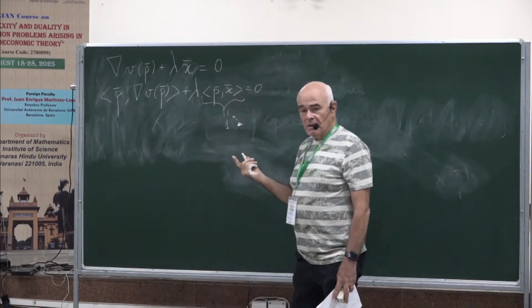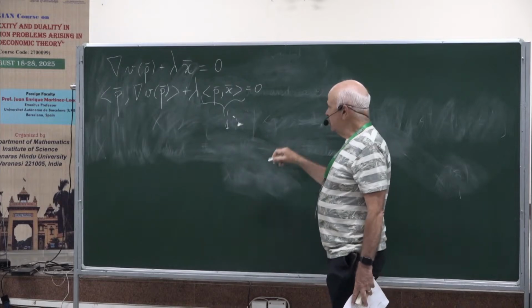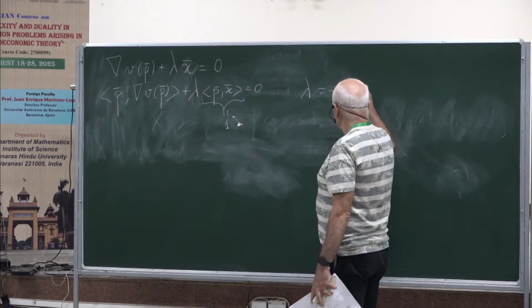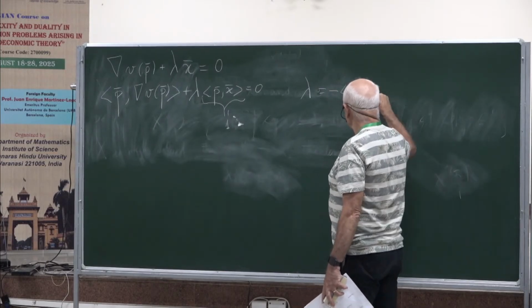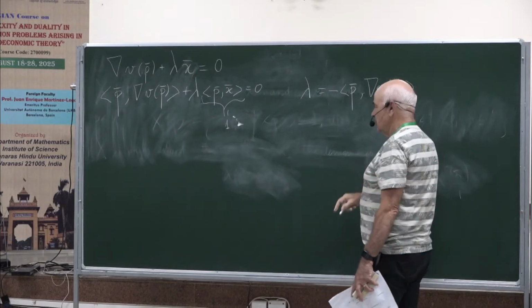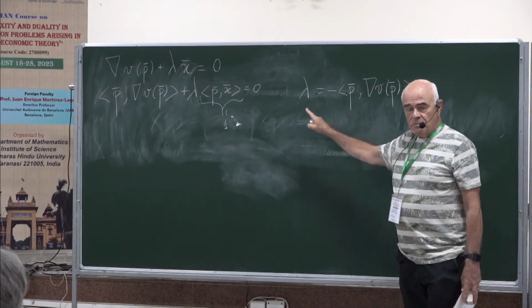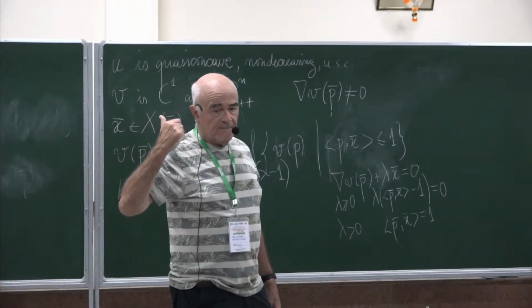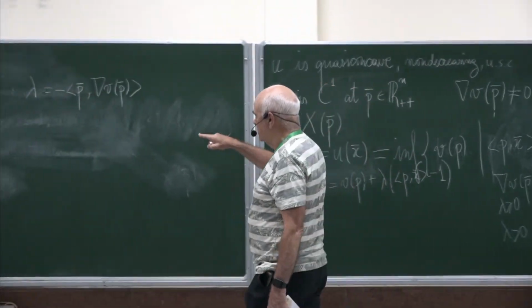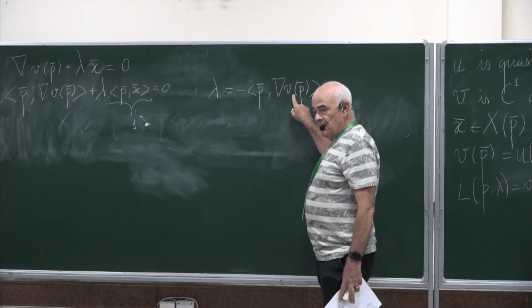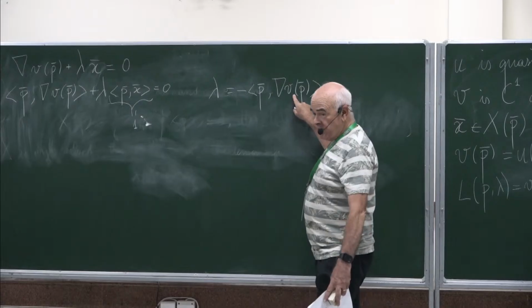So I know the Lagrangian, the Lagrange multipliers. Lambda is equal to minus P. Don't get confused by this minus sign. This lambda is positive, because this is positive and this is non-positive.